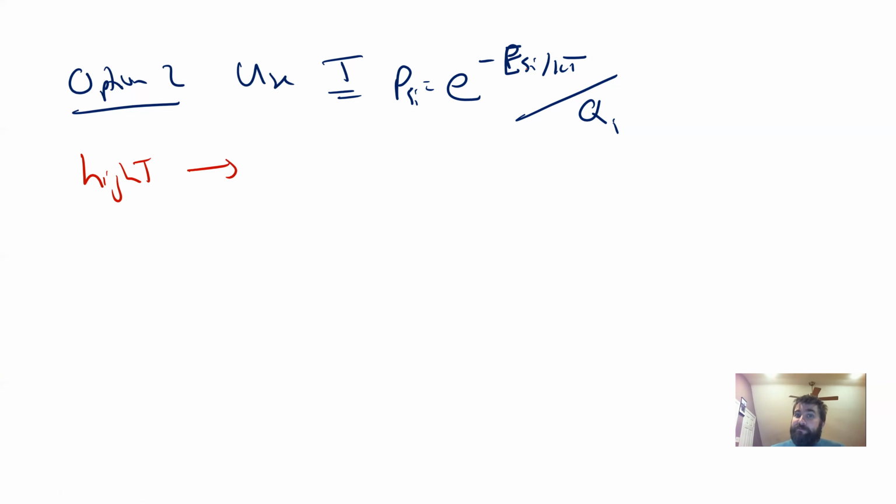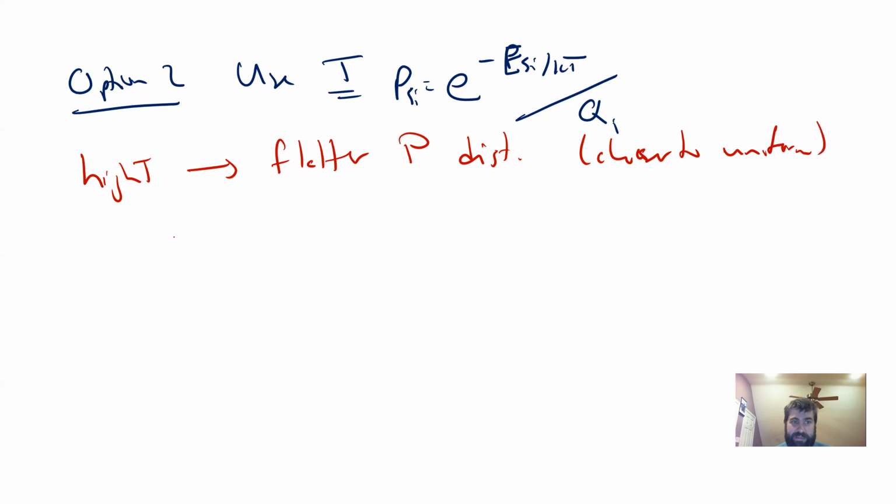we expect, remember, these energies are sort of fixed, really, for a singular design problem, which means the differences matter less. At high temperature, we have a flatter probability distribution, closer to uniform. And actually, in the limit of T goes to infinity, P goes to the uniform distribution.